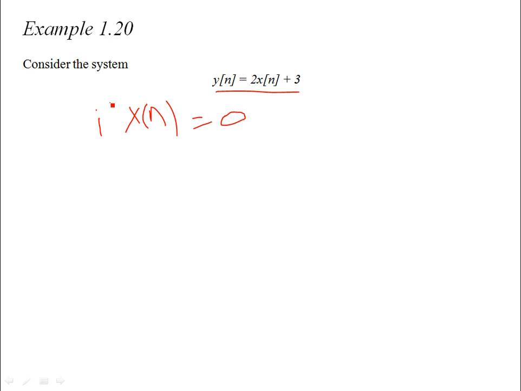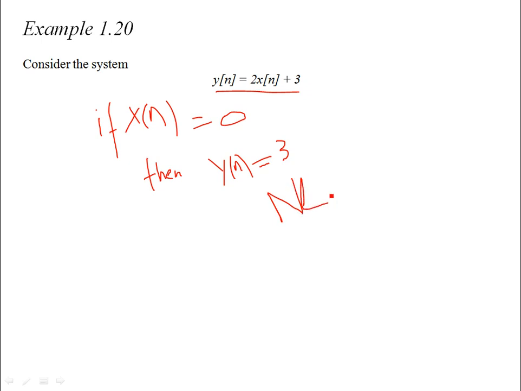If I apply x of n as 0, then y of n is not 0. In fact, it is 3. If input is 0, y of n is non-zero. Therefore, it violates the first principle of homogeneity. Therefore, I can qualify the system as simply non-linear.